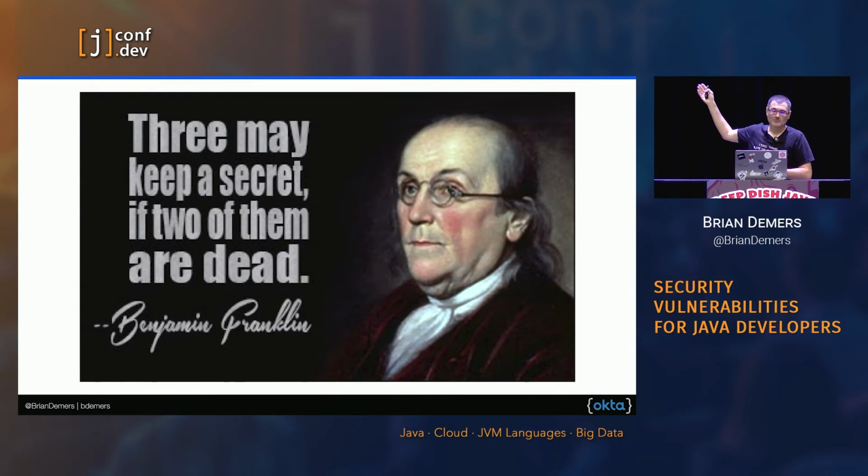Everybody heard this quote, right? Three may keep a secret if two of them are dead. This is basically, the more people you add to something, the harder it is going to be to keep it a secret. So I joke, right? But think about how fast information travels in the world today. Right? We knew about Log4Shell right away.